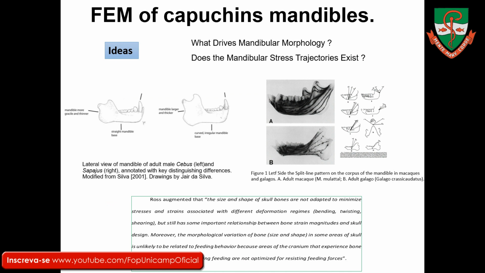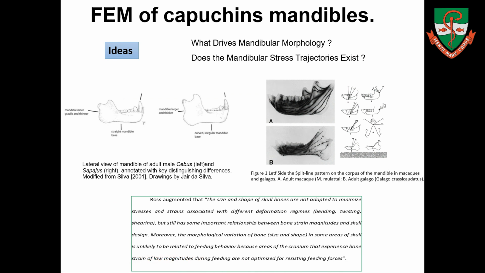And one question is, what drives the mandibular morphology? This is a difficult question to understand, but my view is that if we look at all the variations of the capuchin mandible, we can find different morphologies even between the capuchins and the cebus monkeys.